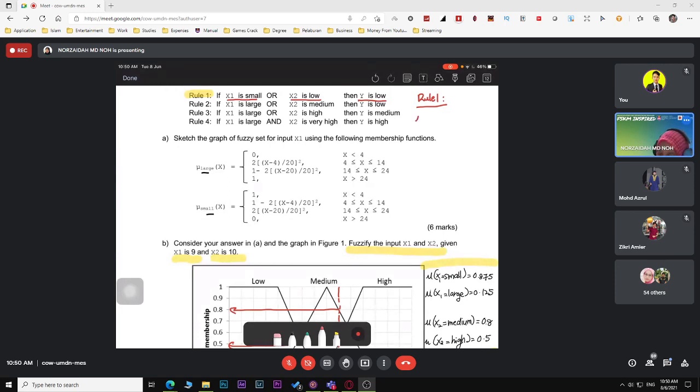So you akan cari mu y sama dengan low. Apa connector dia untuk rule 1? The OR connector. So kalau OR connector, how do you identify the value? Maximum. Yes.